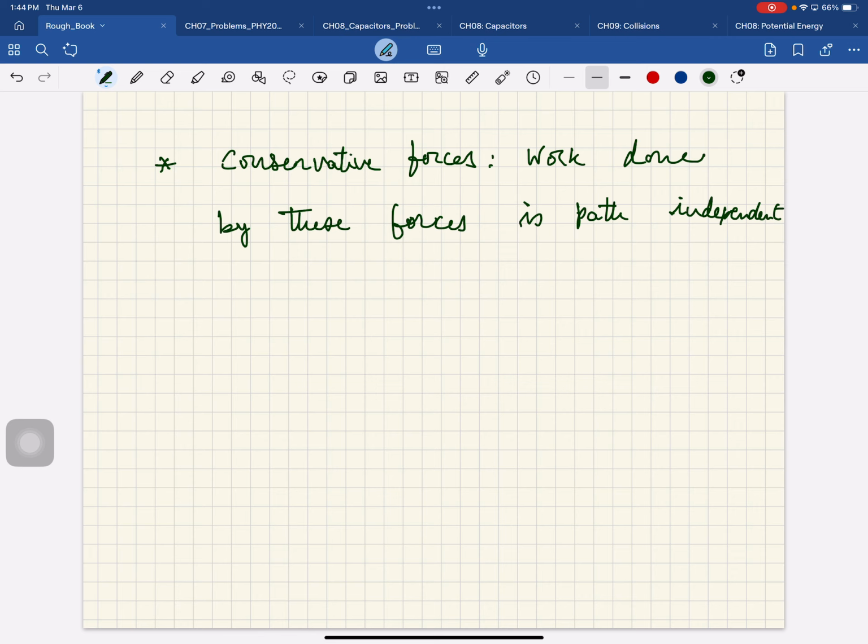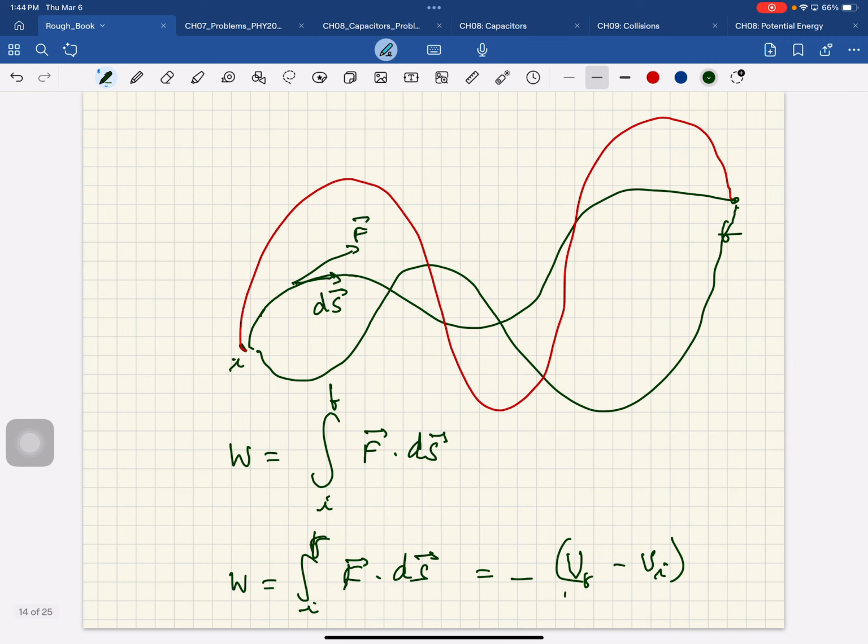And so for such forces, we can define a potential energy function, and that's that function. Okay? So the work done by these forces is the negative of the change in potential energy.